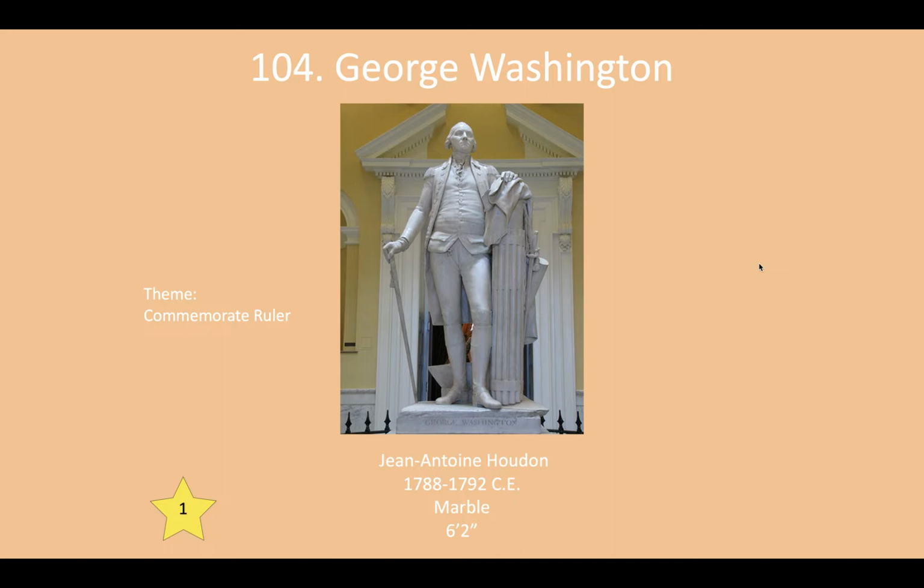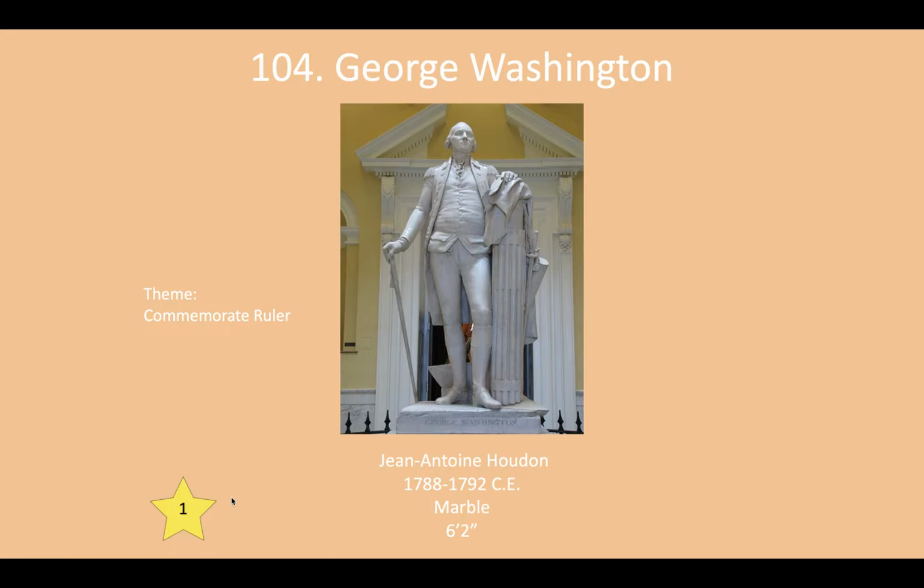So we have to think a little bit about our timeline here, okay? When we're looking at this, George Washington becomes president in 1789. He had, at this point, won the war.